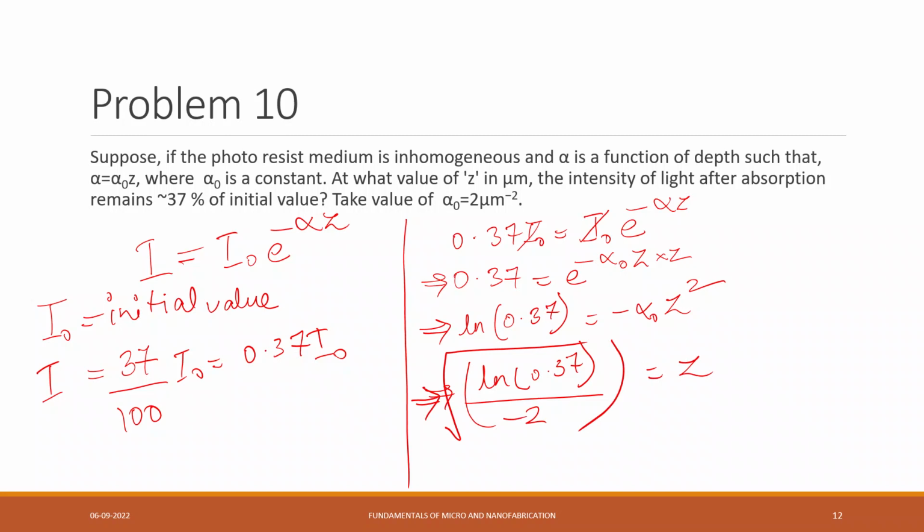So has anybody solved it? Okay, I will use the calculator. ln... okay, this value is coming 0.49 for z squared.